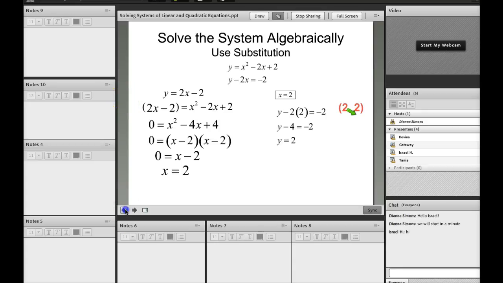But if you go back to the other one, there were 2 intersecting points. X was 0 and y was 1, and then x was 1 and y was 2. So there were 2 intersecting points with our last equation.